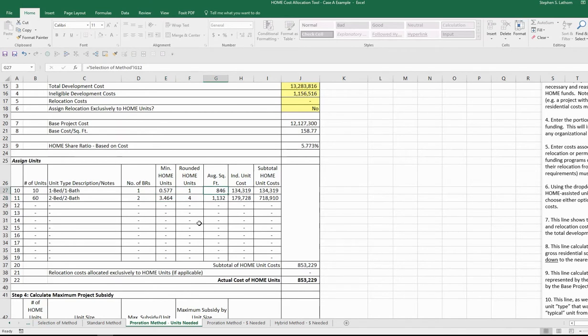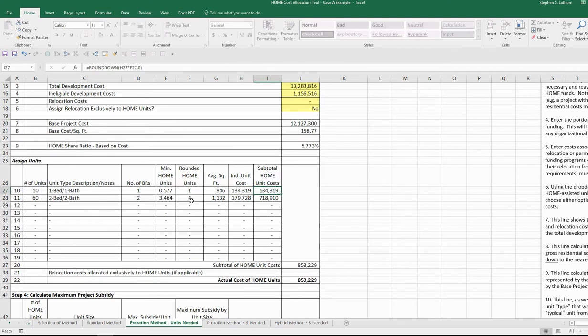We have the one home unit at 846 square feet. The individual unit cost is $134,319. That's calculated by multiplying the average square footage times the base cost per square foot to get this, and then we take that individual unit cost and multiply it by the number of units.